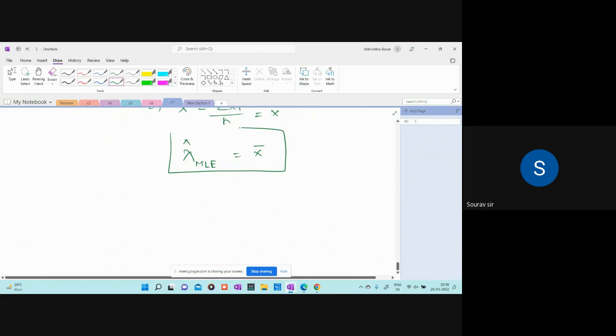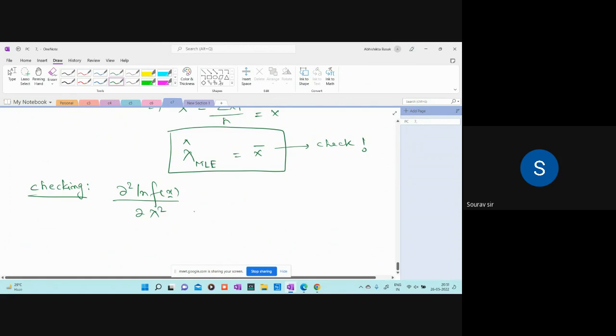So now, can I claim this? For checking purposes, we need to check. This is the broader way of doing the sum. Whenever you are going to do the objective, you have to remember this thing. For checking, you have to go for the second order derivative of this log likelihood function.